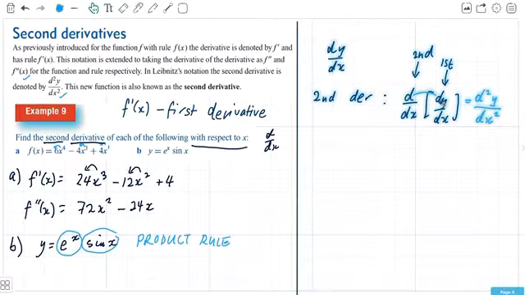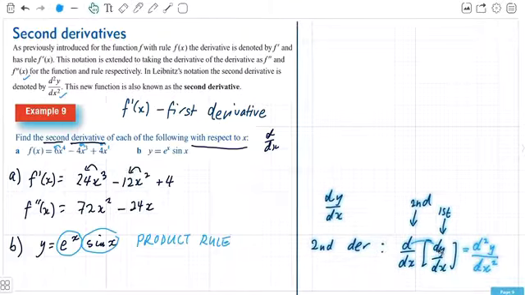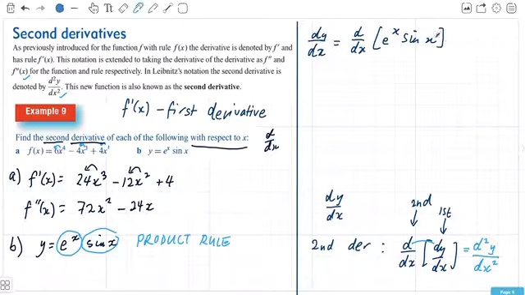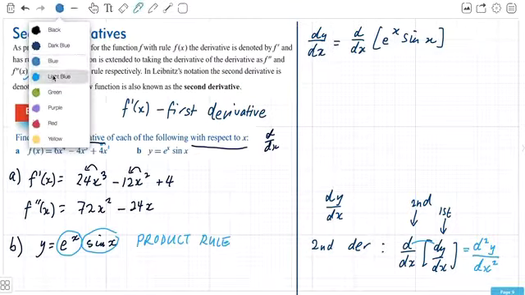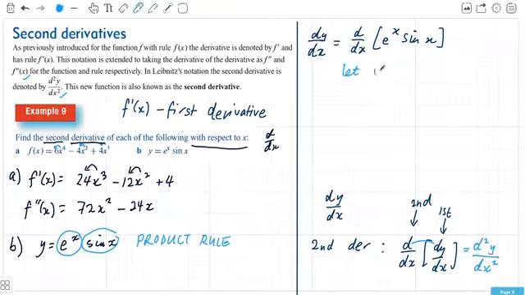I might actually use this other form of notation for this question too, because we'll do the derivative of each side. So at the first level, we've got dy dx equals the derivative of e to the x sine x. You can do this with all the steps if you want, and I'm going to put all the steps here just so you can refresh yourself on your product rule.